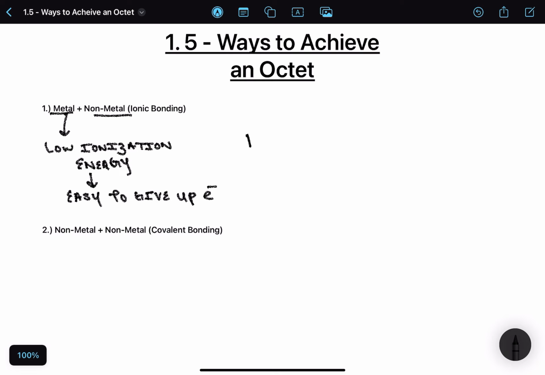And so if we look at an example, we have sodium, which is in column 1 of the periodic table, so it has 1 valence electron. If we add it to chlorine, which is in column 7 of the periodic table, what's going to happen is that sodium is actually going to transfer its electron to the chlorine.